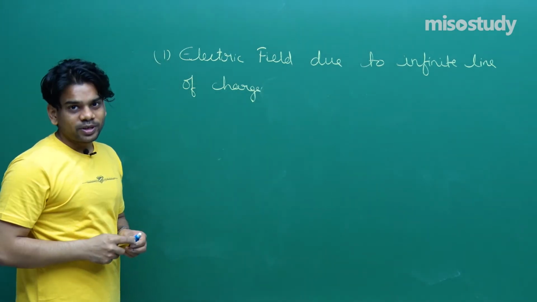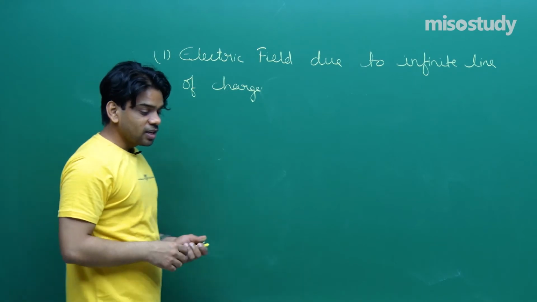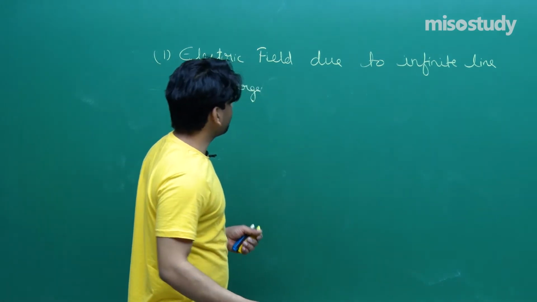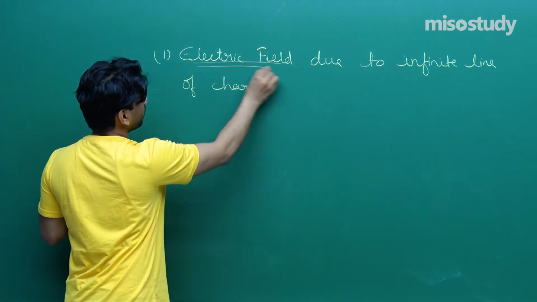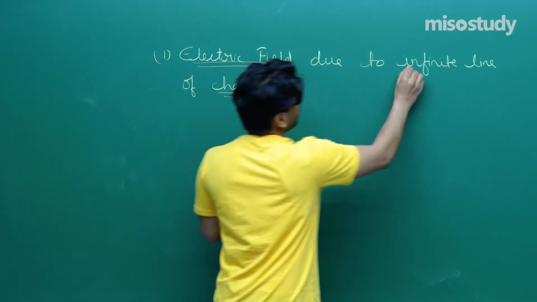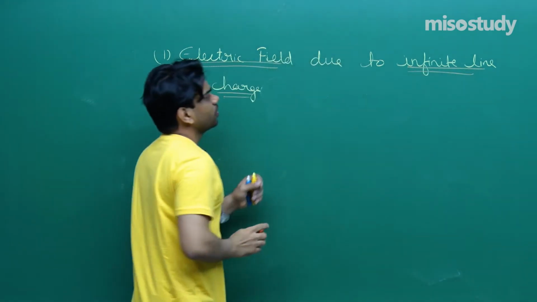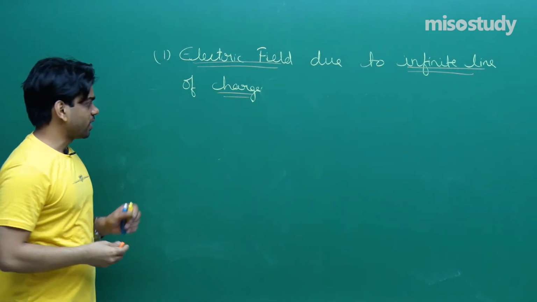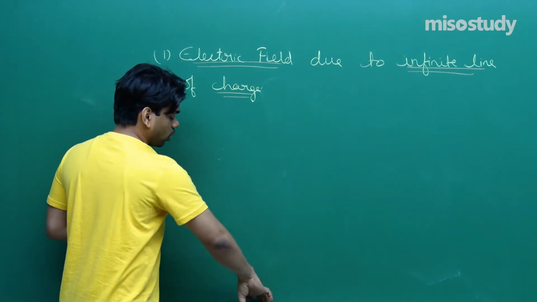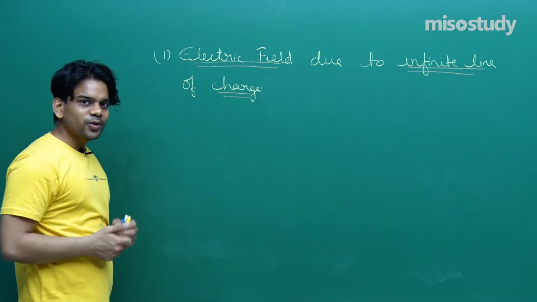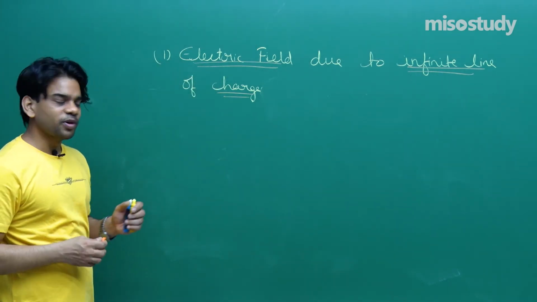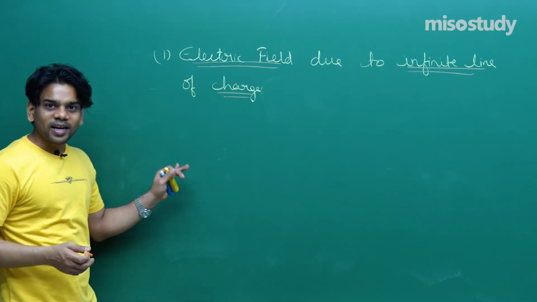Now charge is uniformly distributed, so let me draw an infinite line of charge and see how to evaluate the electric field due to this system. See, infinite means it will be continuous, very long compared to the distance where you need to evaluate the value of electric field.